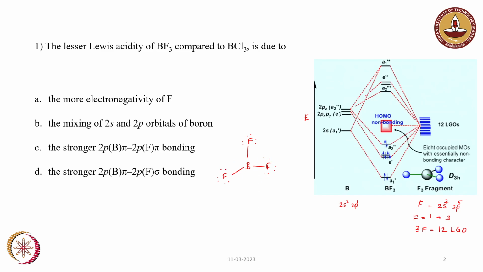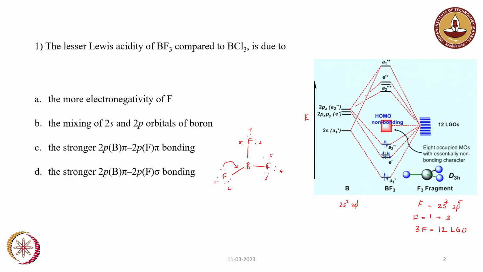One of the fluorines will be giving one of its lone pairs to the A2 double prime orbital, so that a back donation is formed, and there will be the remaining 1, 2, 3, 4, 5, 6, 7, and 8 lone pairs filled in 8 non-bonding molecular orbitals.